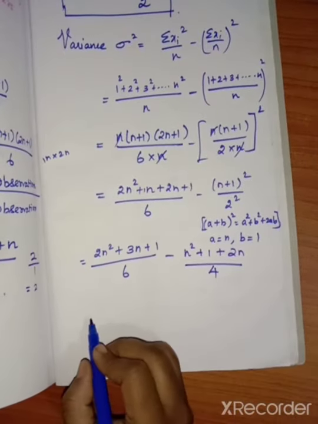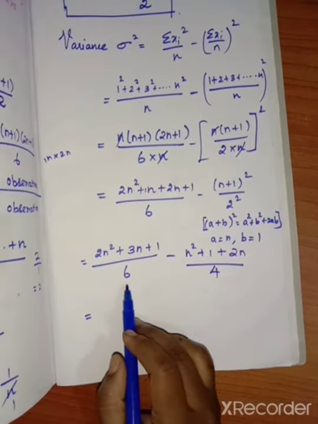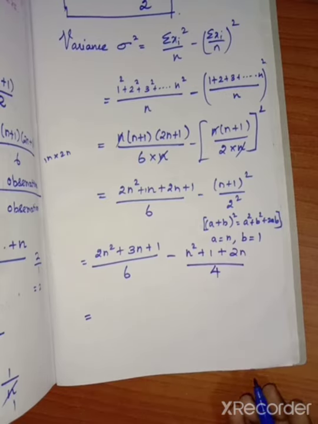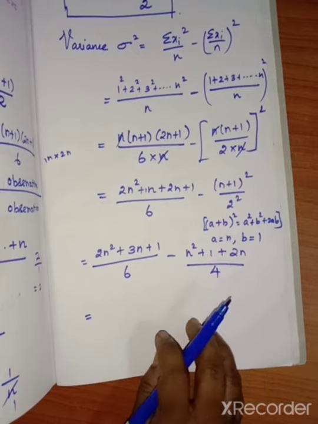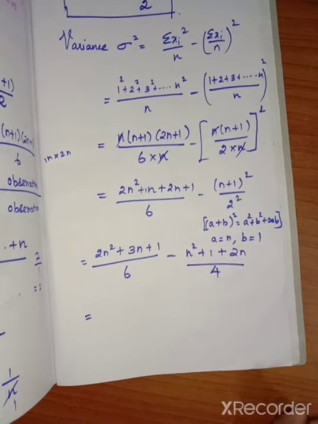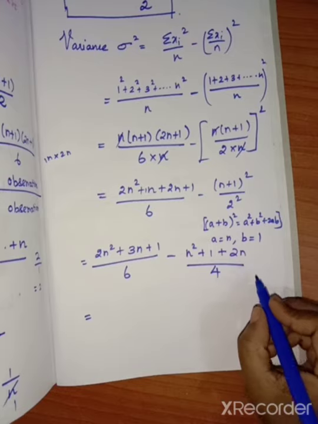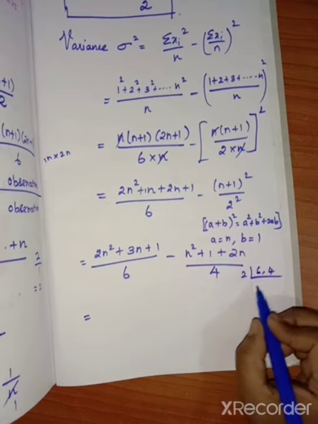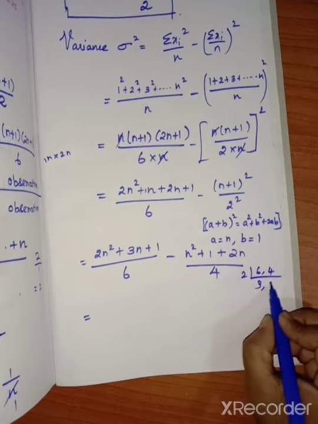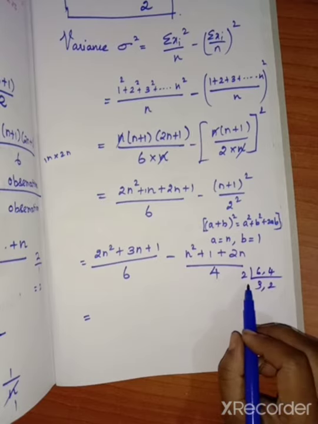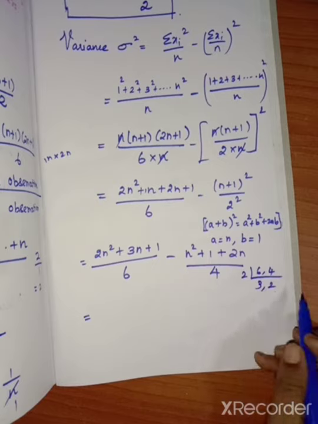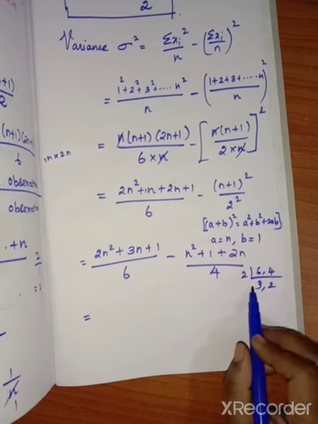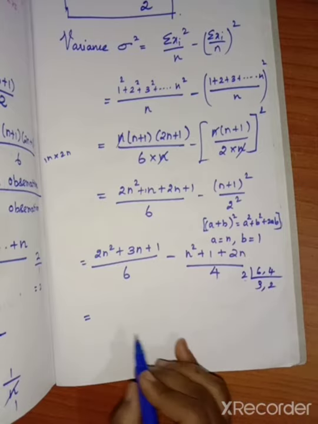Here the denominators are 6 and 4. For this we can take the LCM, or otherwise if you don't know the LCM you have to take the cross multiplication straightly. Here I can take the LCM because it is easy. So 6 and 4: in the 2 table, 3 2s are 6, 2 2s are 4. So 3 and 2 are not in the same table, so you just have to multiply for the LCM. 2 3s are 6, 6 2s are 12.